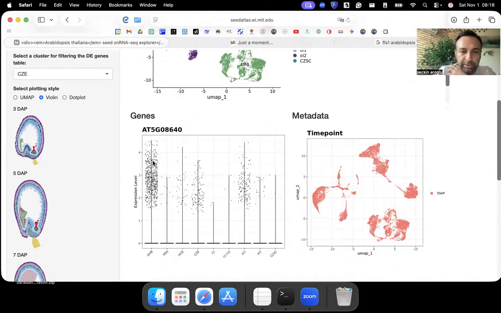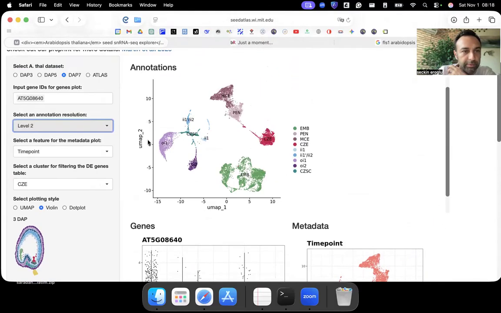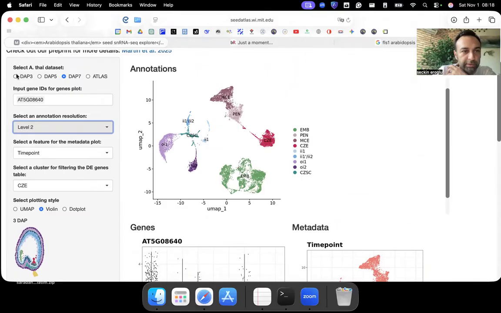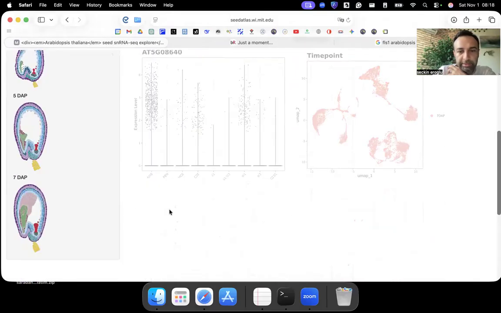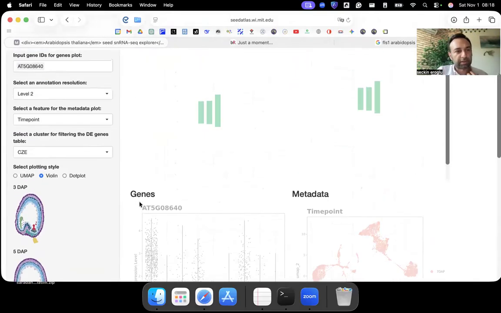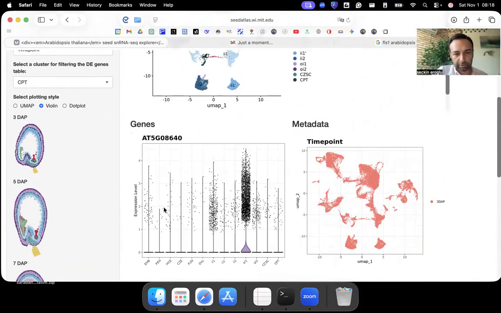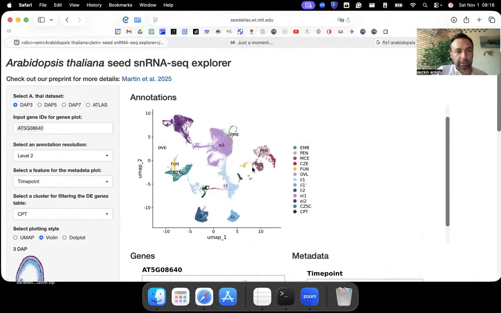So you see the expression of the gene mostly in the embryo in 7 days. But if you look at 3 days, for example, back again, the same data but with violin plot now, you see a very strong expression in OE1. Almost, you can say it's almost exclusively expressed in OE1 at day 3.